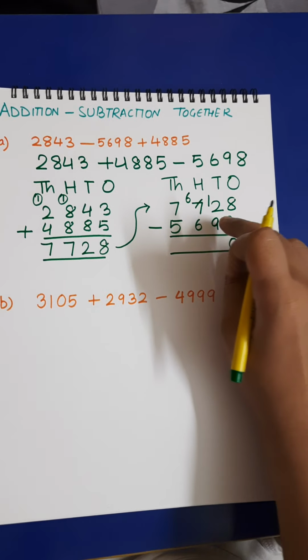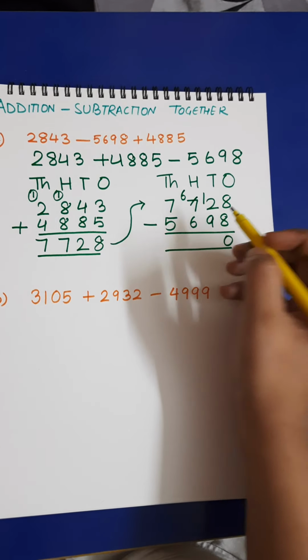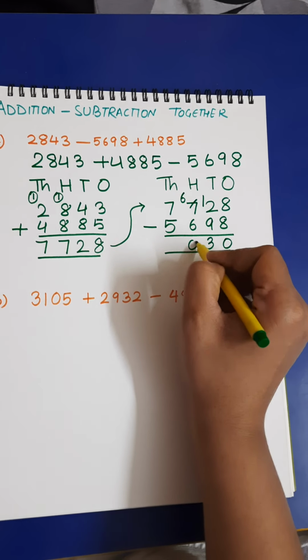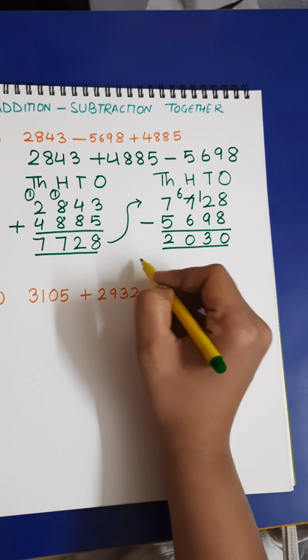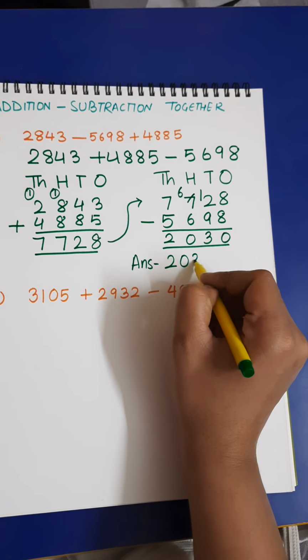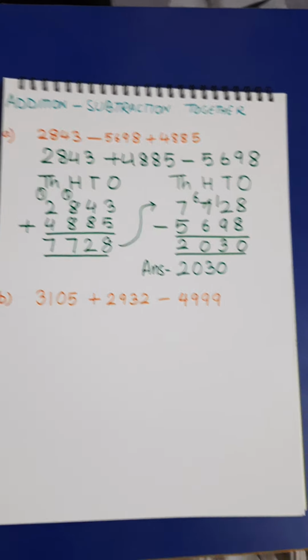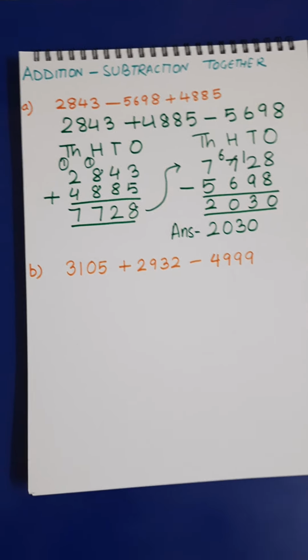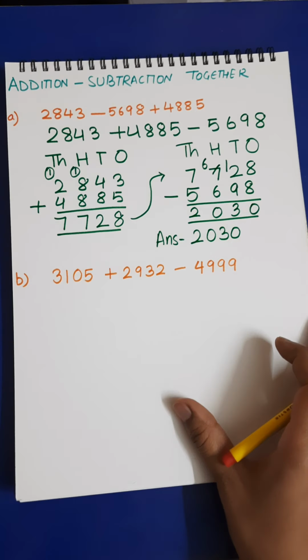I'm just repeating the concept for more clarity, for revision's sake. So 12 minus 9 is 3, 6 minus 6 is 0, 7 minus 5 is 2. So now my final answer is 2030.